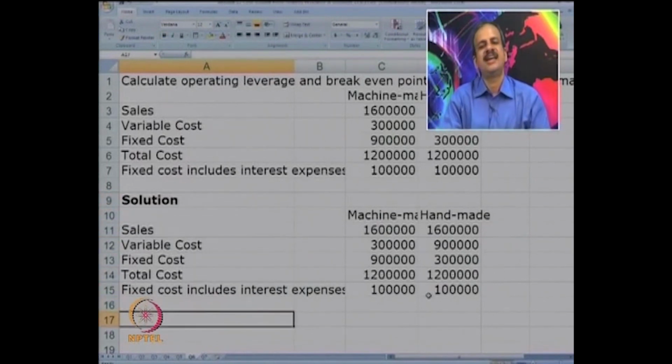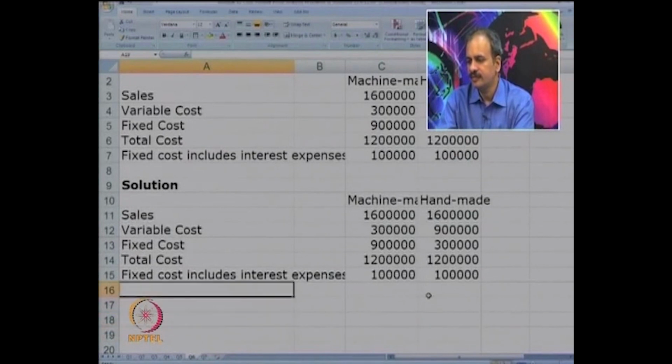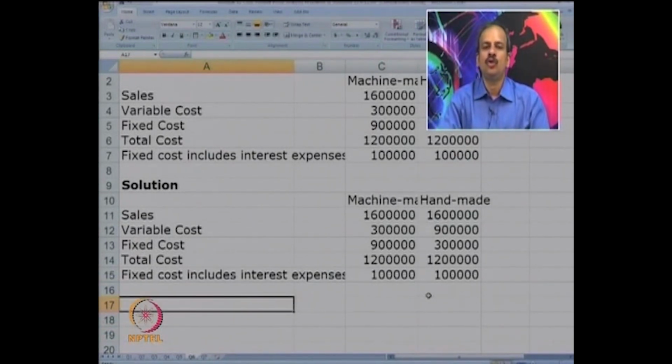Yeah, this data is clear to you now. Please tell me how to calculate BEP. This is not a per unit data now. This is a total data. Can you tell me? Just think over. How will you proceed? First of all, we need to know the contribution.